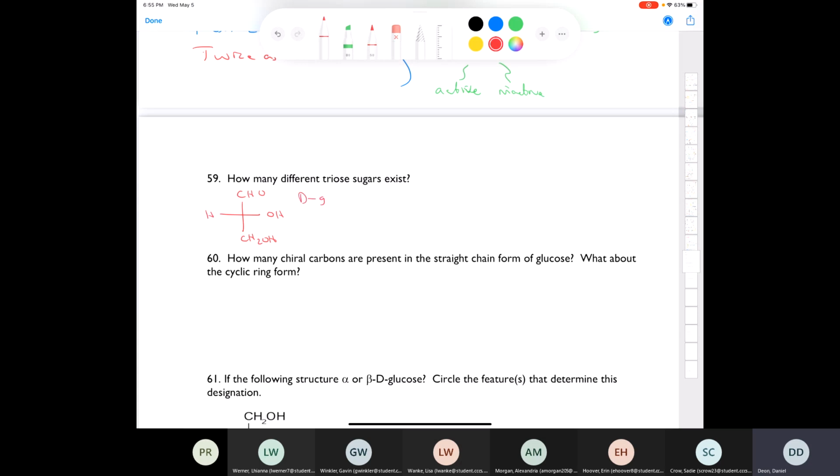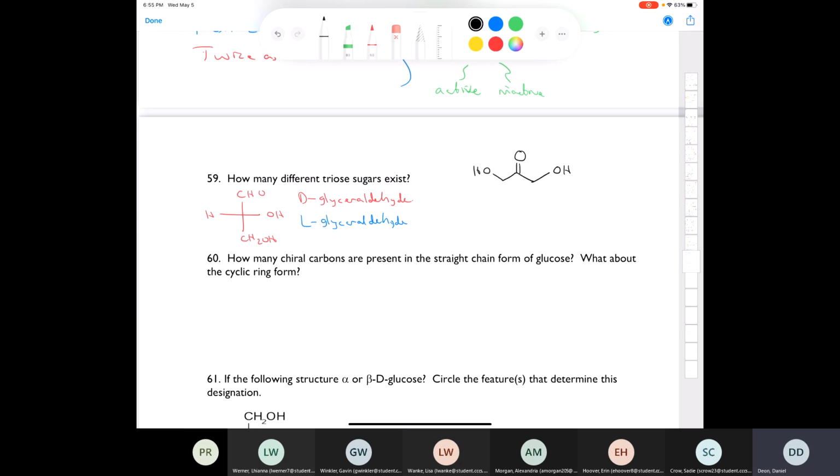This is D-glyceraldehyde. If you switch the stereochemistry, if you reverse the hydroxyl and the hydrogen, you end up with L-glyceraldehyde. And there's one more, and that's dihydroxyacetone, which is this compound here.